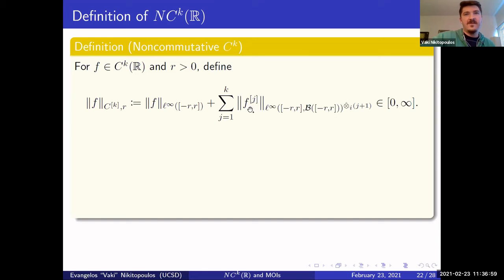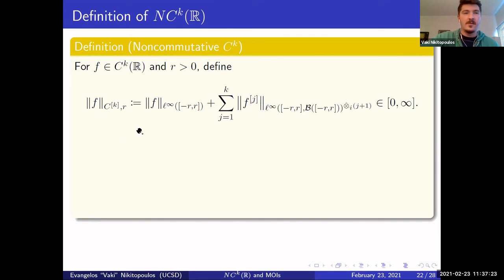So this is the jth divided difference. And then this is the integral projective tensor product of j plus 1 copies of the little L infinity space on minus r to r. And for a given j, f_j may not admit a decomposition as an integral, as I described before. And in that case, we'll just call this norm infinity.